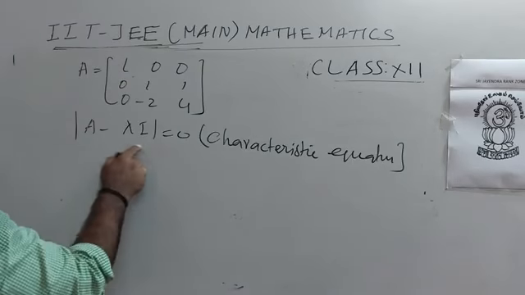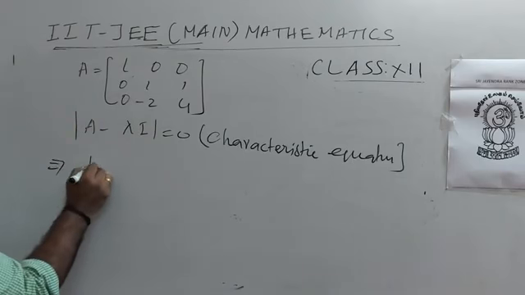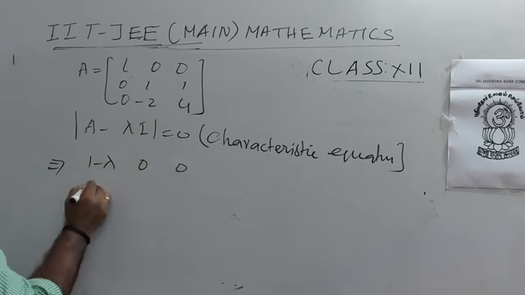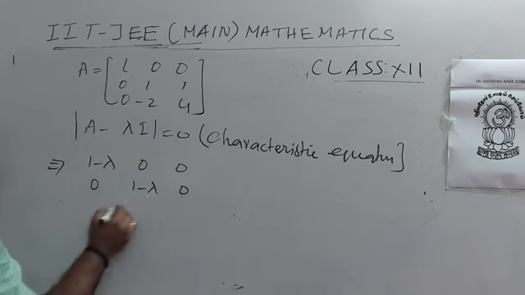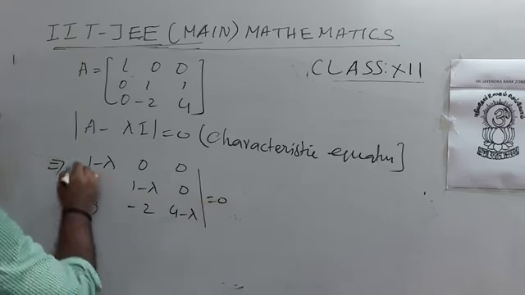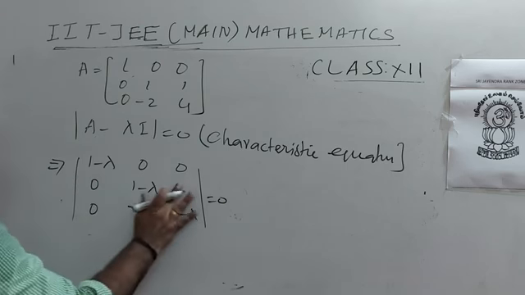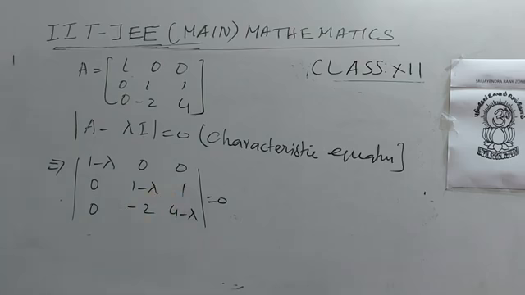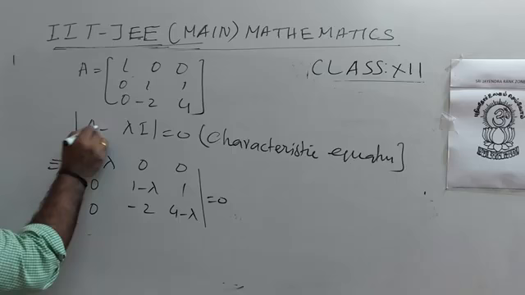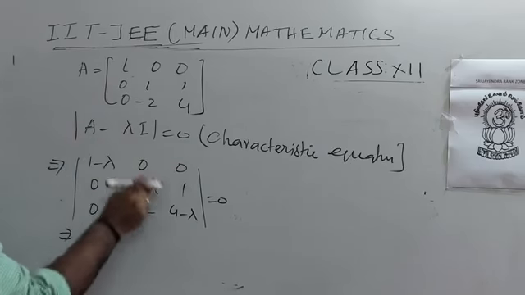Lambda into the unit matrix is subtracted from this matrix, which implies the determinant of [1 minus lambda, 0, 0; 0, 1 minus lambda, 1; 0, minus 2, 4 minus lambda] equals 0. The diagonal should be subtracted with lambda.